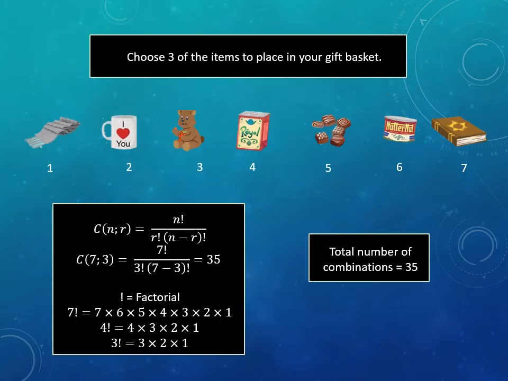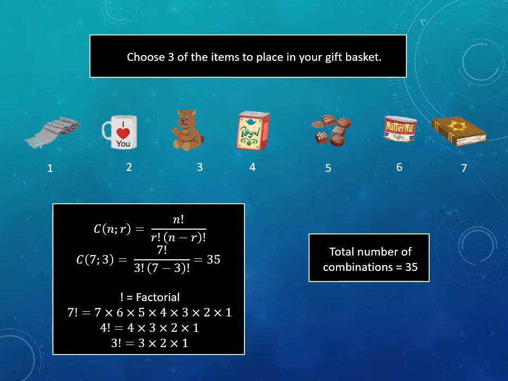So here we have 7 gift items, and we have to choose 3 of these items for our gift baskets. So again, how many combinations of gift baskets can we create using these 7 items? The formula that we use for the number of combinations is given below.